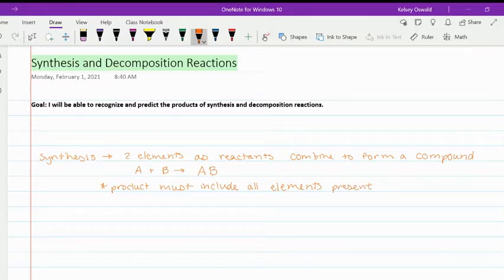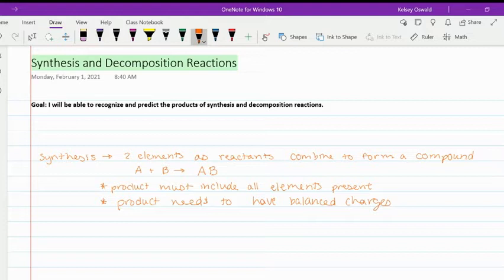We also need to keep in mind that when we write a chemical formula, we need to balance our charges. So our product needs to have balanced charges. What that means is when we look at these two elements, we're going to have to see what charge each one has individually and see what we need to do then to balance them out.